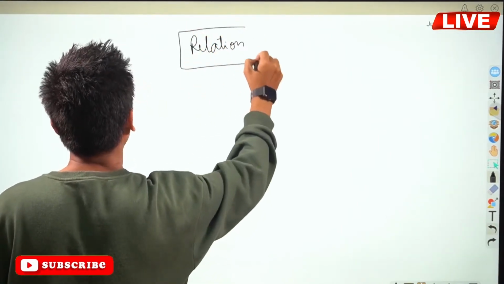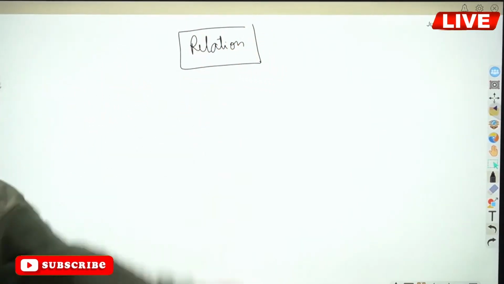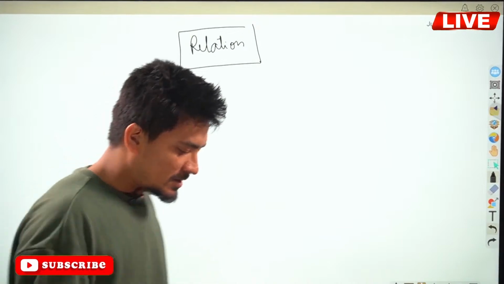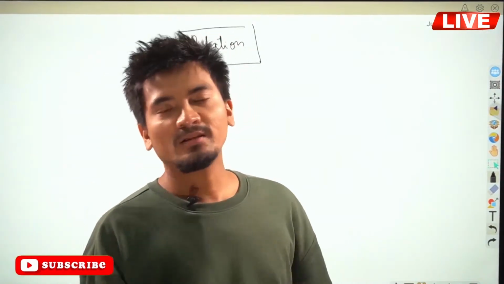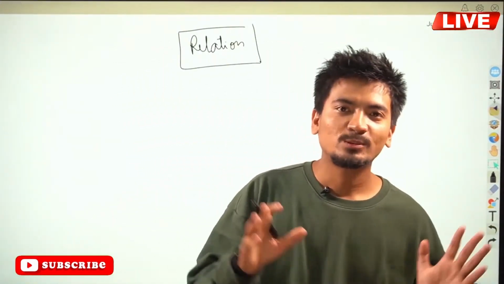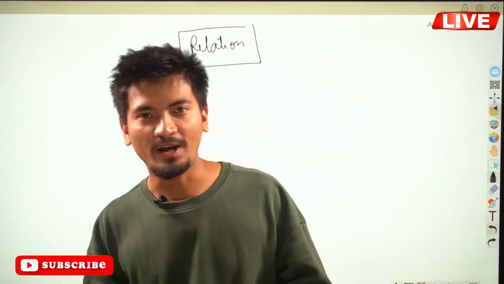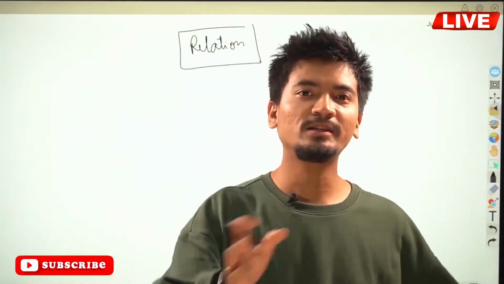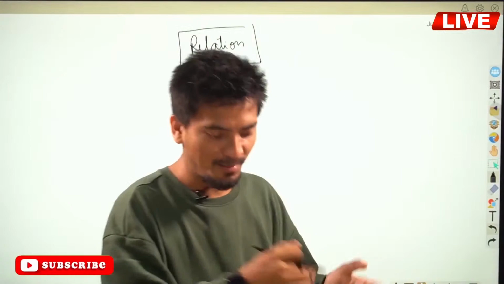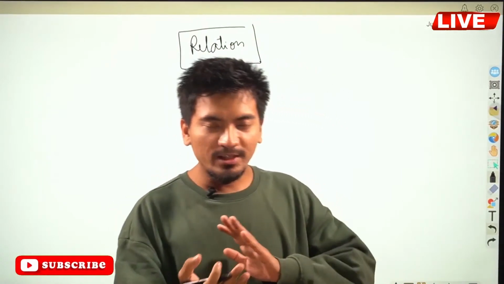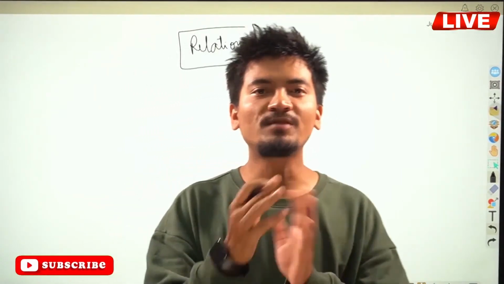Now, what is a relation? See, already I have mentioned that within a family, that is within a set, there are elements, that is there are family members. And within those family members, there are some kinds of relation, right?